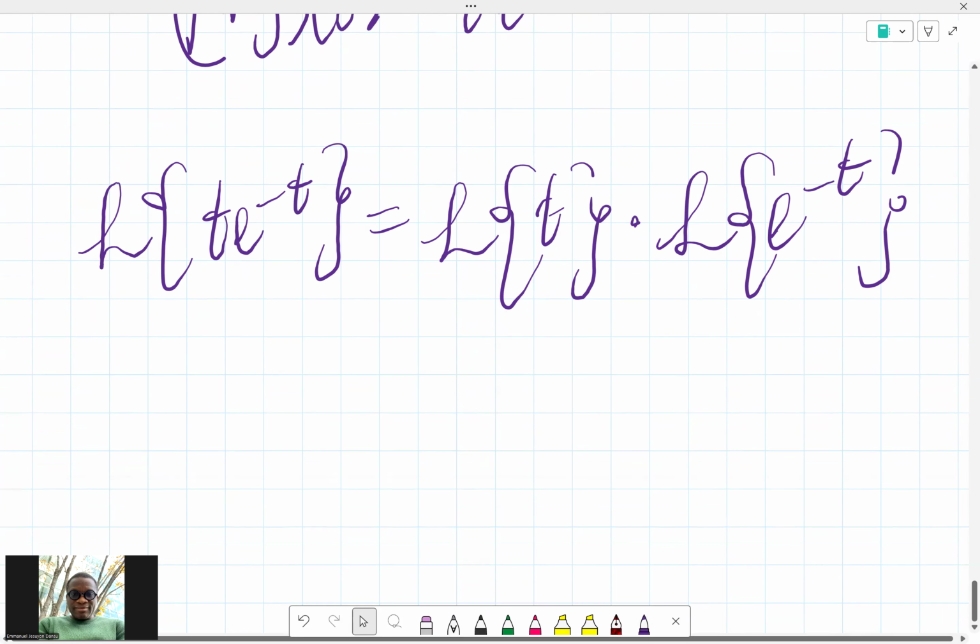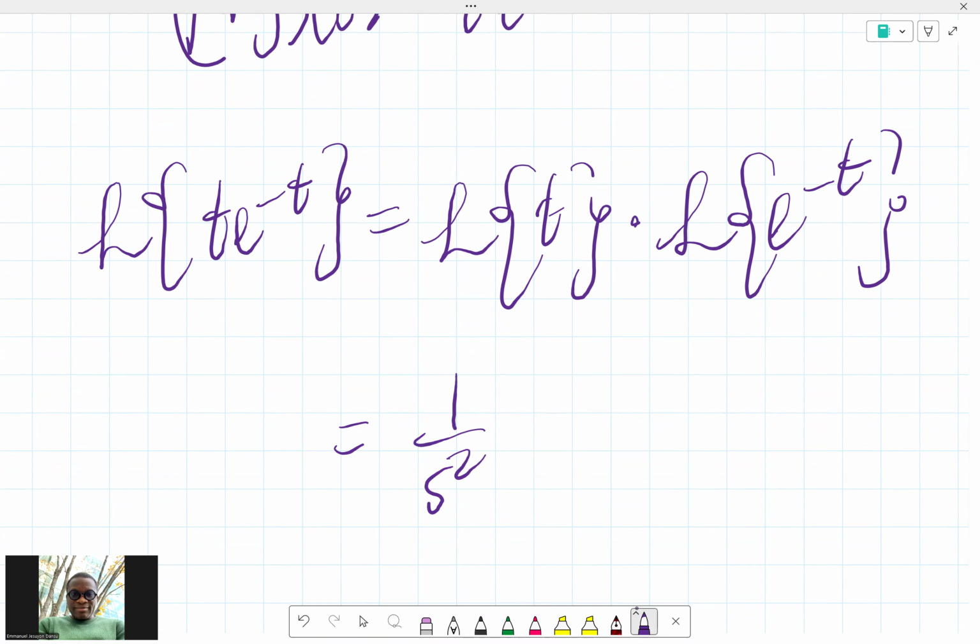The Laplace of t is straightforward, 1 over s squared, and the Laplace of e raised to minus t is 1 over s plus 1, because of the minus t, that's plus 1.